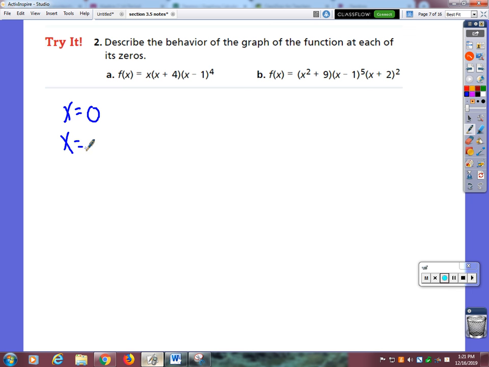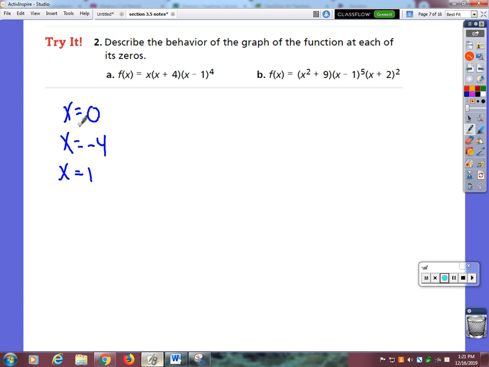It would still just be 0. As long as it doesn't have a plus or a minus, it's going to just be 0. What 0 do I get right here? -4. And what do I get right there? +1. Okay, we knew that already. We knew that weeks ago when we were dealing with quadratics. What does the graph do at this 0?